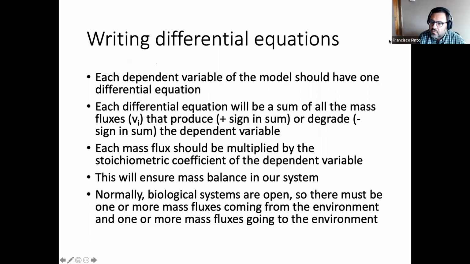So this is a very simple process. In your model, you have the component A that gives origin to some stuff through V1, is formed through V2, and is also transformed to other stuff by V3, and it's formed by V4.